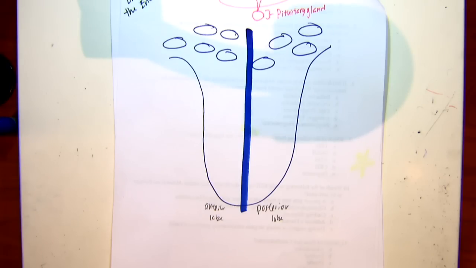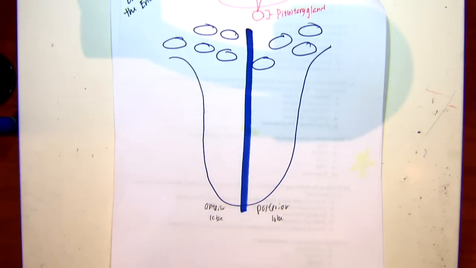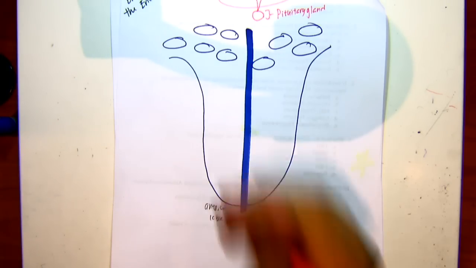The president of our endocrine system would be our hypothalamus, right? Because that tells the pituitary gland what to do. And the pituitary gland would be our vice president of our endocrine system. Which is weird because we know that the vice president doesn't really do much in American government. But the pathway that connects the hypothalamus to the anterior lobe is a blood vessel system, which is called our hypothalamic pituitary portal system.